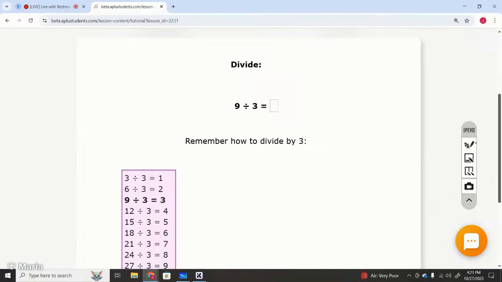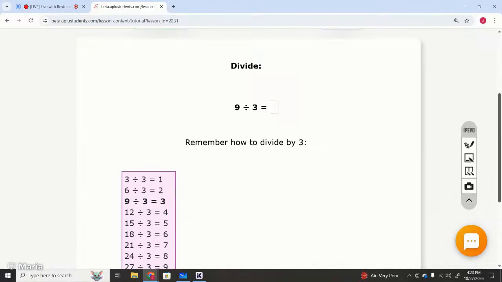So 3 times 3 is 9. Let's just start with the test questions.